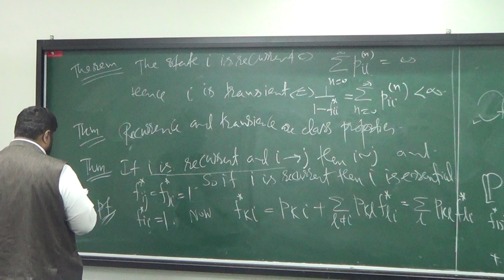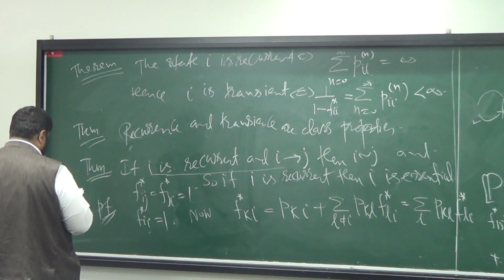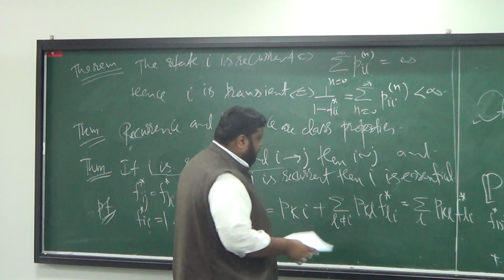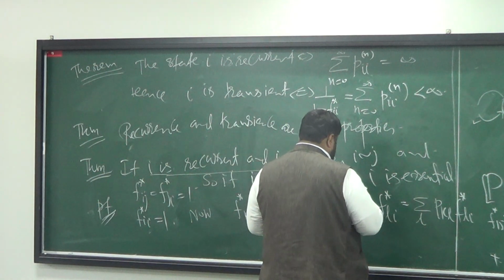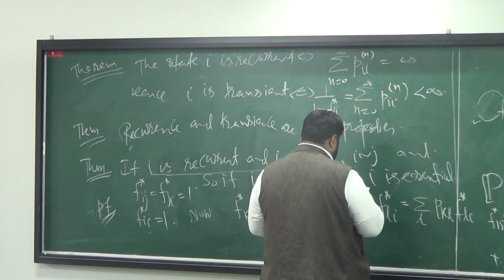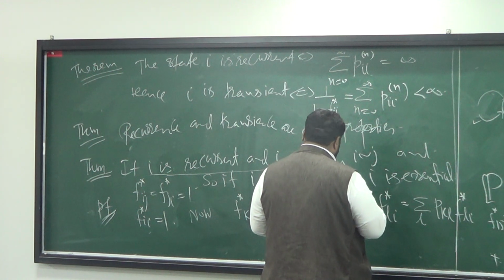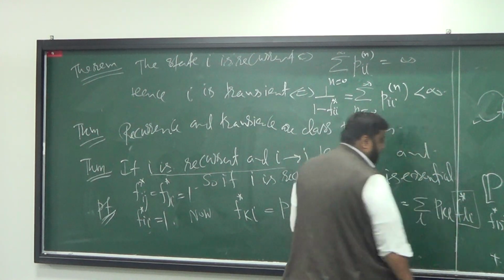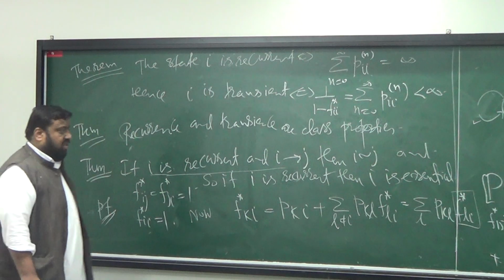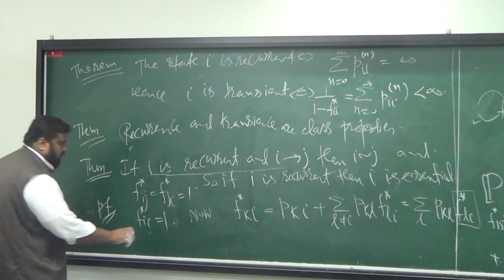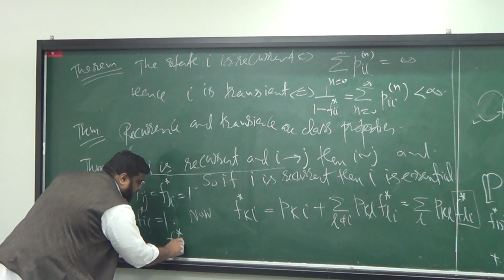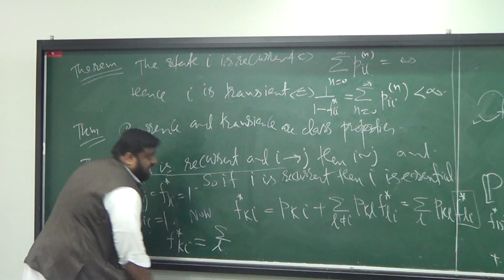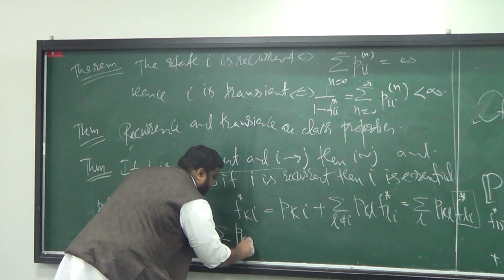And now I would like to substitute the value of F star LI. So if I substitute, I have F star KI, sum over L, I have PKL.